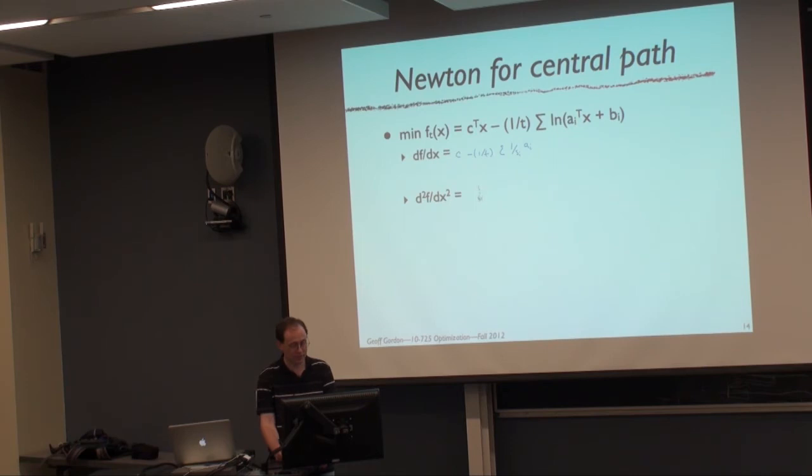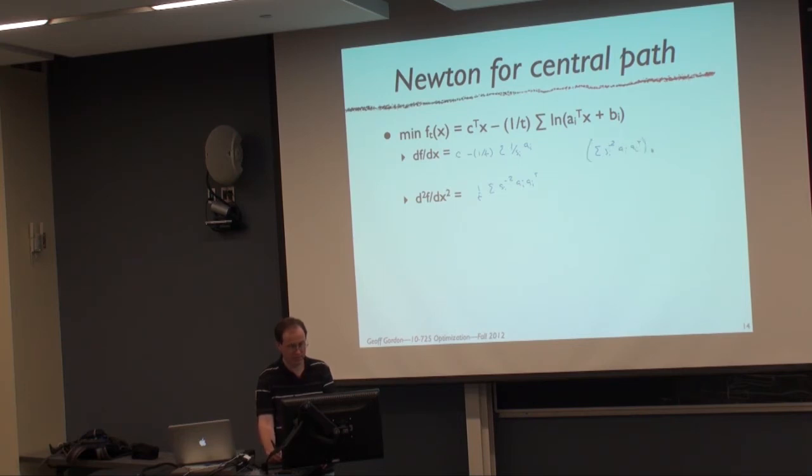We get the 1 over t sum of s_i to the minus 2 a_i a_i transpose, right? And so the Newton direction is going to be H inverse times the negative gradient, right? So I'm just going to multiply through by a t as we do this. So we'll call this sum s_i to the minus 2 a_i a_i transpose, right?